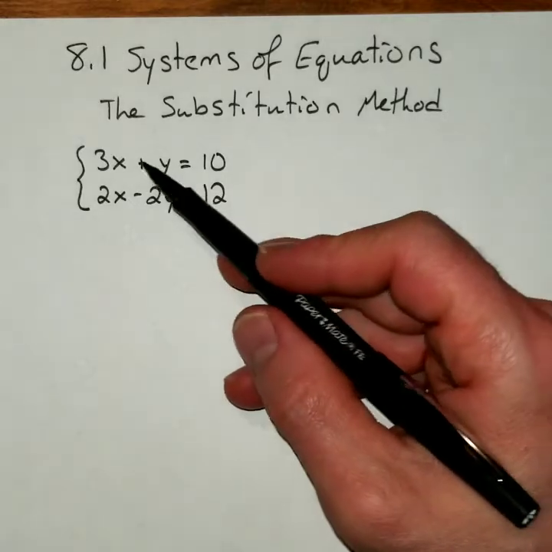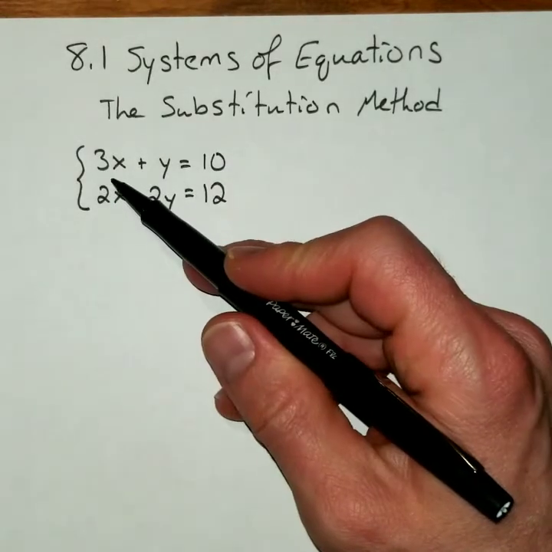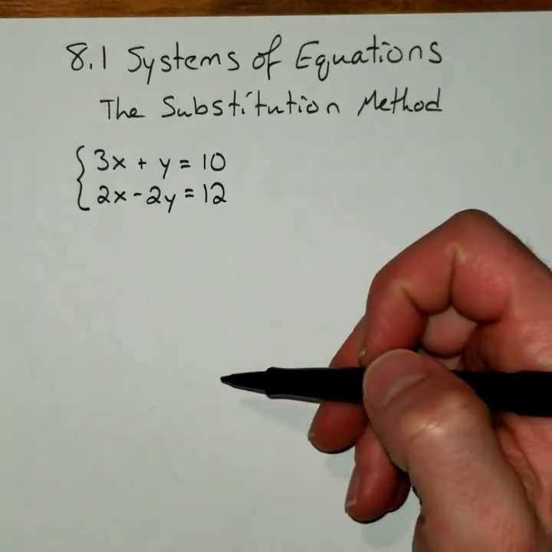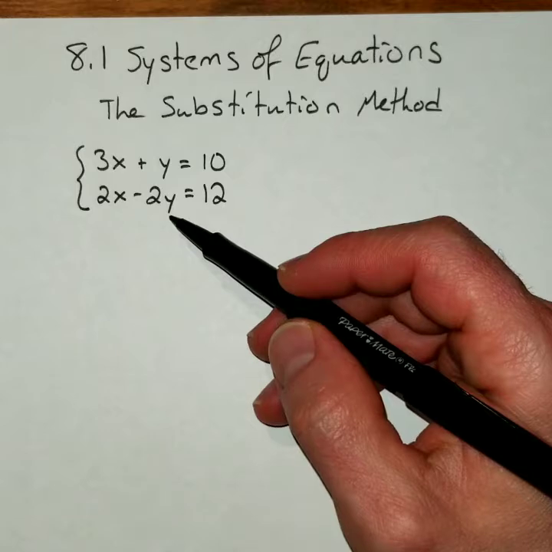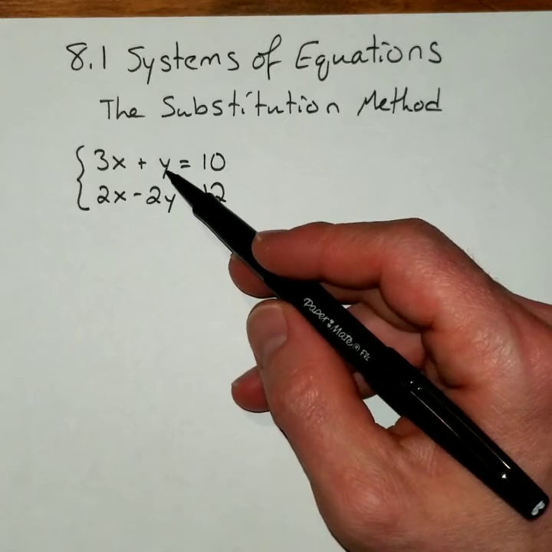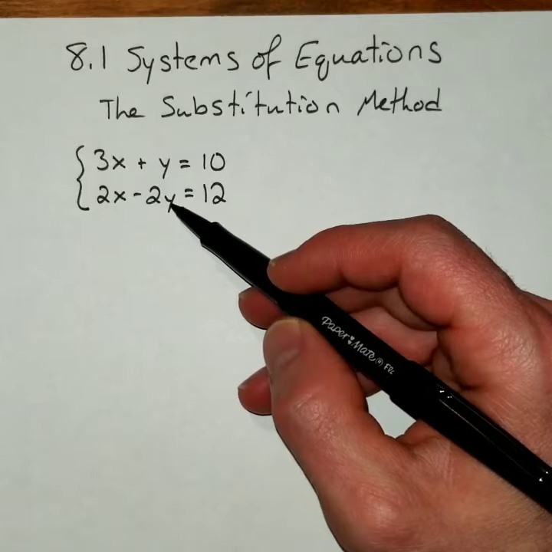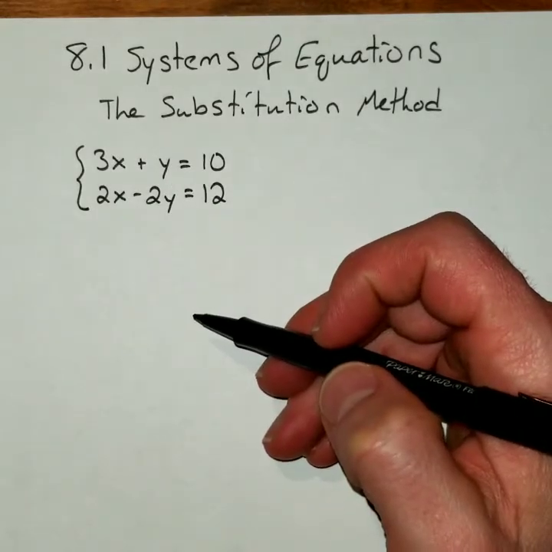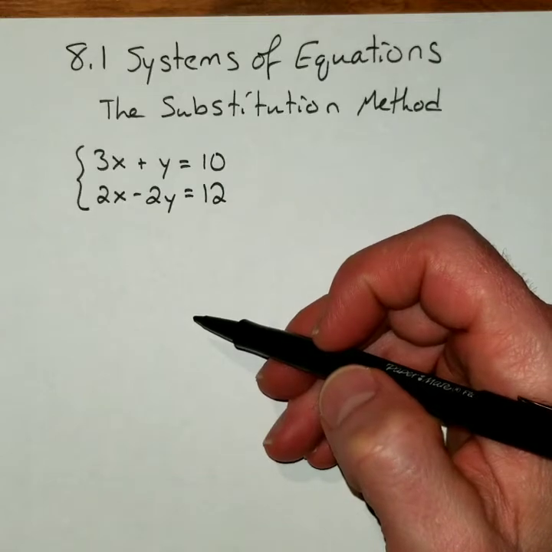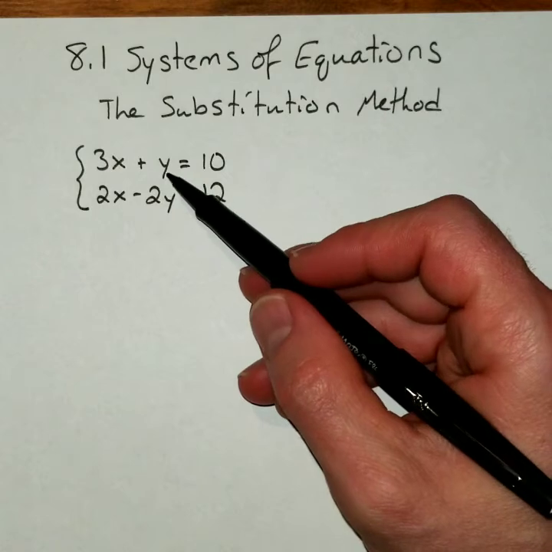And so if you were to solve, let's say, the top equation for a variable, we'll go with a y here. Then if you solve for y, you can take the resulting expression and plug it in for the y in the other equation, because the two will be the same at the solution, at the intersection point. Okay, so that's just the idea.